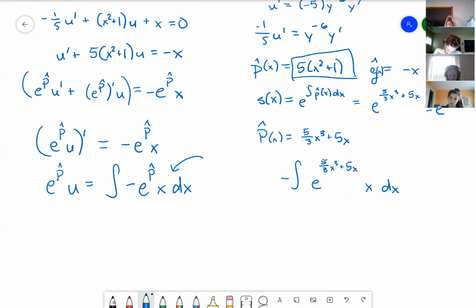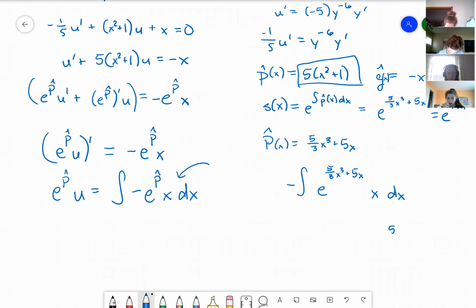Which did we solve using integration by parts? I believe so. Because if we take 5/3 x cubed plus 5x, be a little careful.